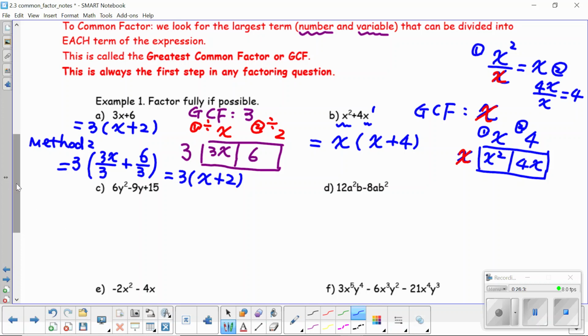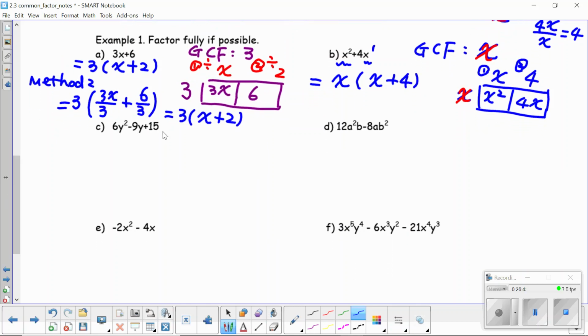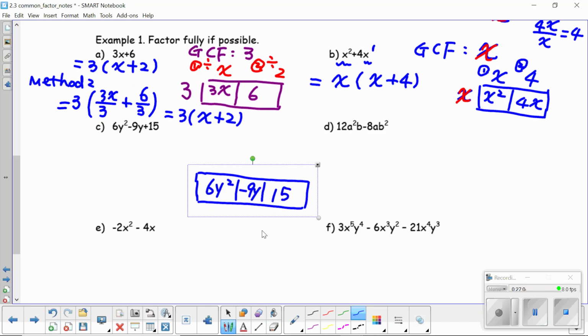No? Then we continue with this one. So this one you have 3 terms. 3 terms is kind of like a 1 by 3 box. You don't need to draw the box, but if you want to, you could draw it. So 6y squared minus 9y and 15. We want to find the common factor.